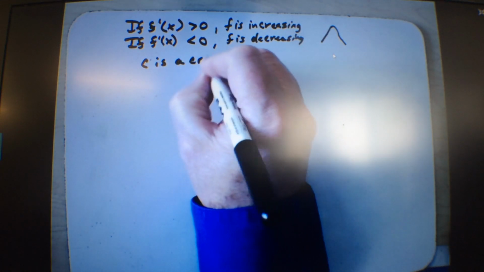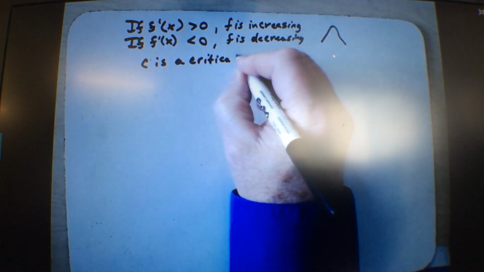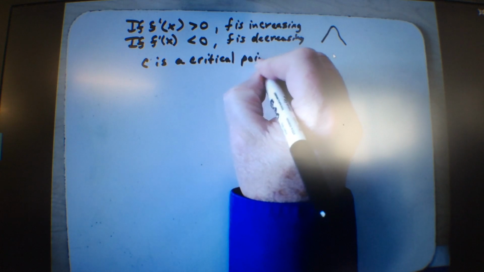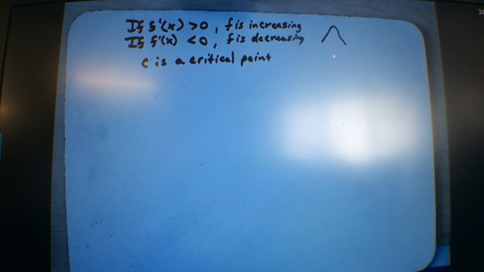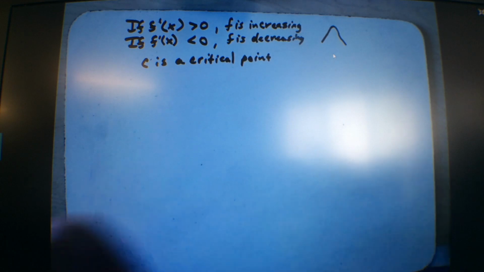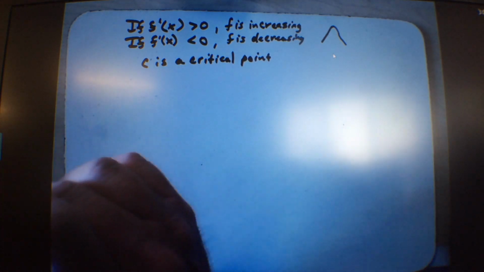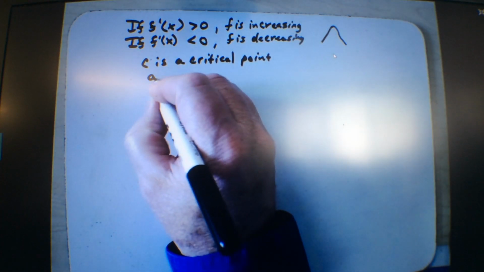You remember talking about this in the last section, what a critical point is, right? You remember how to get a critical point. And then do what with it? That's exactly right, okay? So we find the derivative of f of x and set it equal to 0. So we're talking about this C is a critical point. All right, now it says A, right?